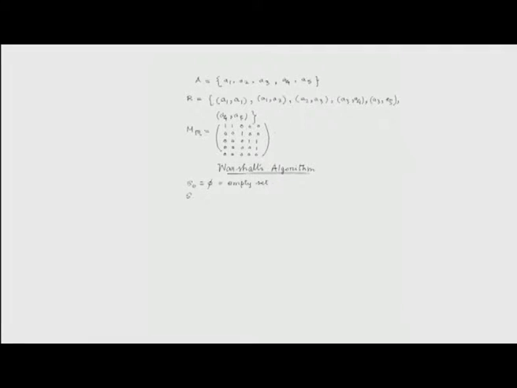The second one is S1, which consists of only one element A1.